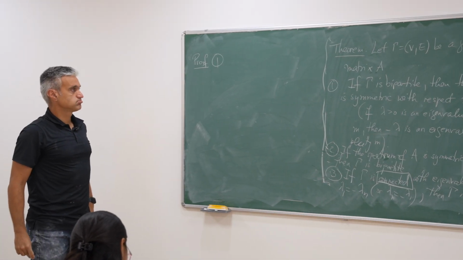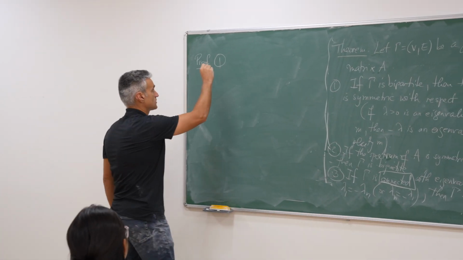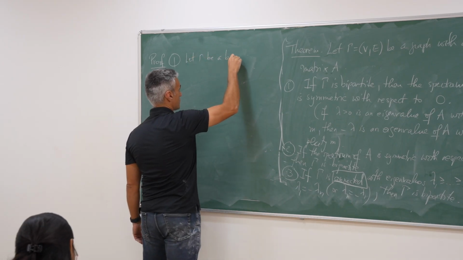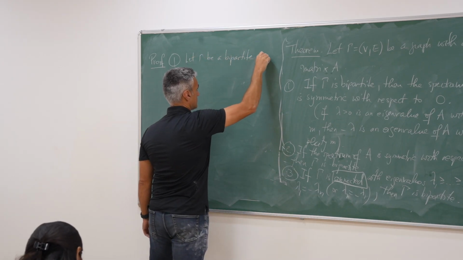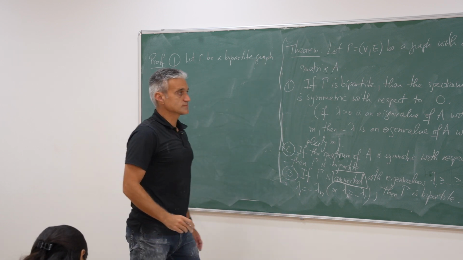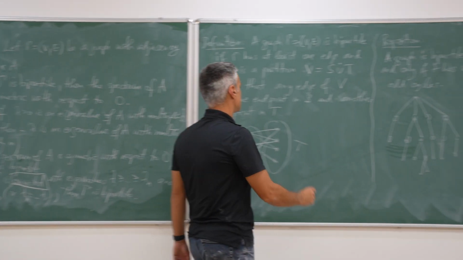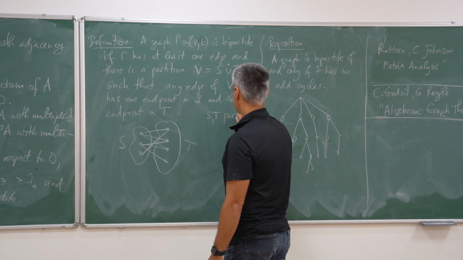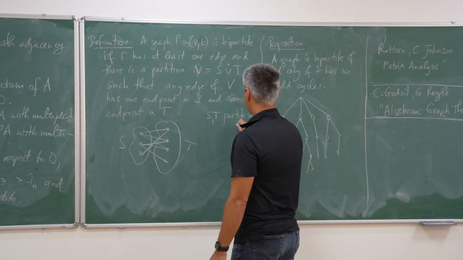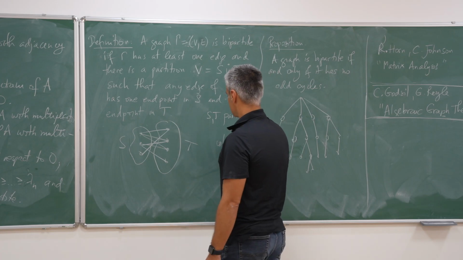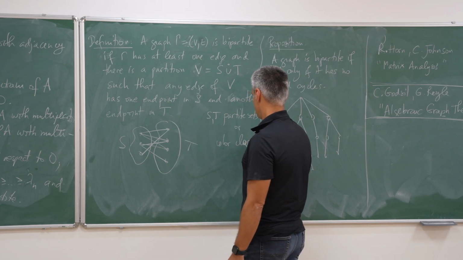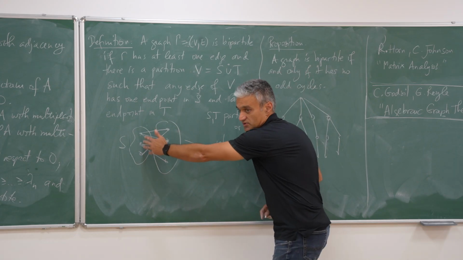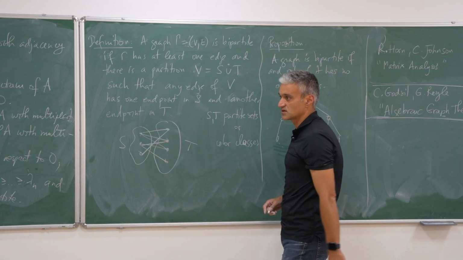Now, let gamma be a bipartite graph. Depending on which book you read, S and T here sometimes are called partite sets, or sometimes are called color classes. Color classes is because you can color here with one color, here with the second color.